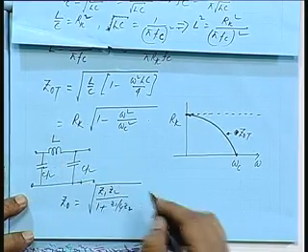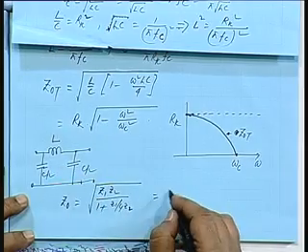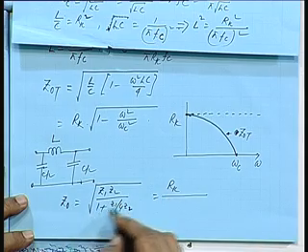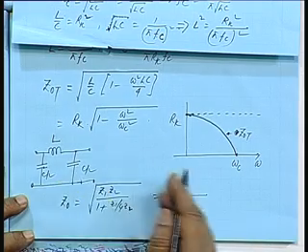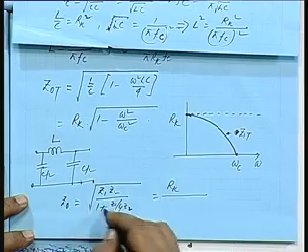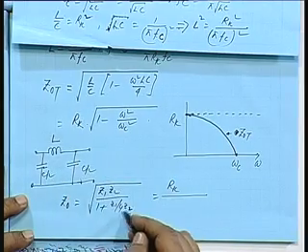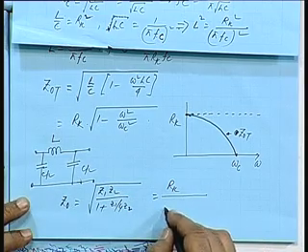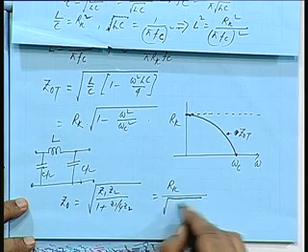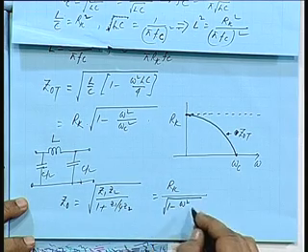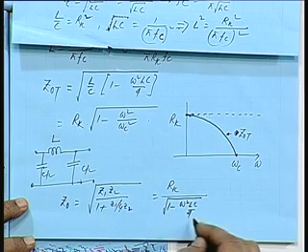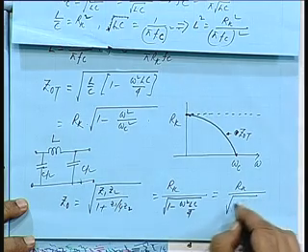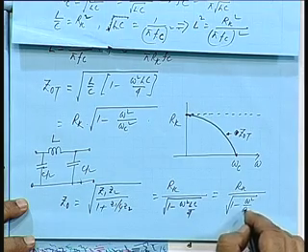So, substitute for this, Z 1 Z 2 is the same product, which will be R k, and 1 plus Z 1 by 4 Z 2, once again by the same logic, if you substitute for Z 1 j omega L, for Z 2 1 by j omega c, minus j by omega c, that gives me 1 minus omega square L c by 4, which is again written as 1 minus omega square by omega c square.